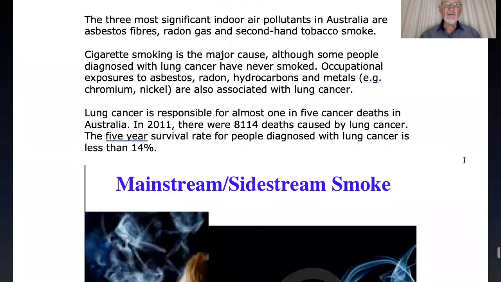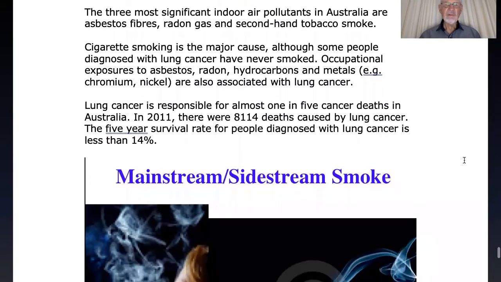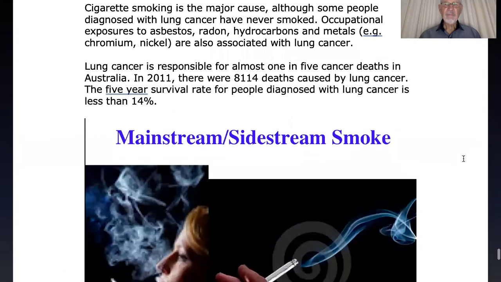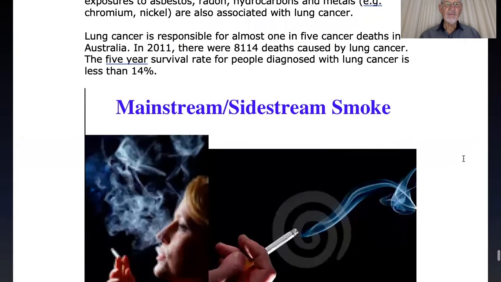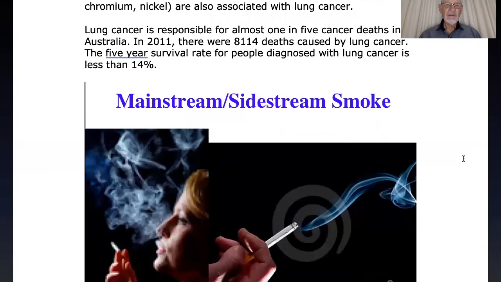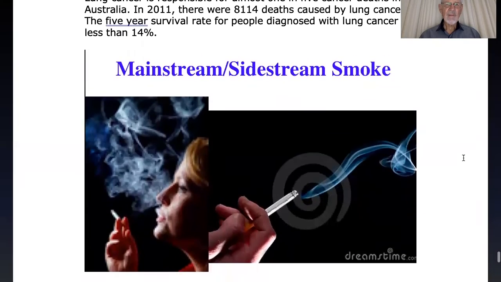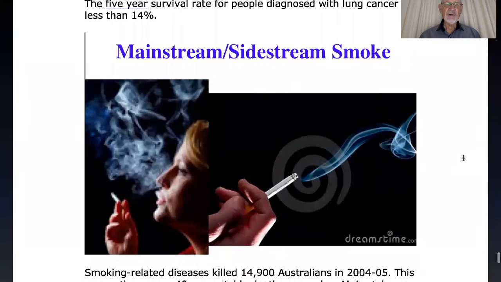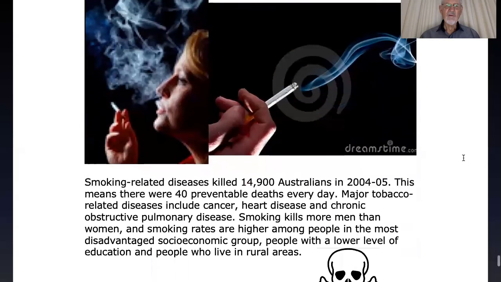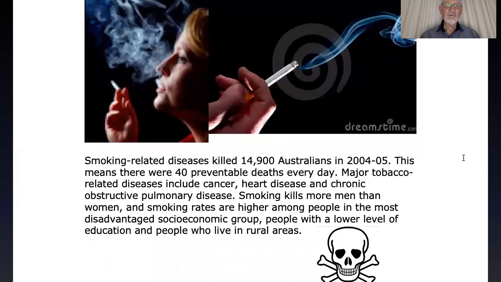And there are some statistics there which will probably shock you, and they should lead you to a conclusion that smoking is not very good for you. But the more important thing is that other people can be hurt by inhaling secondhand cigarette smoke. So there are some statistics there. I'll leave you to read through the nasties.